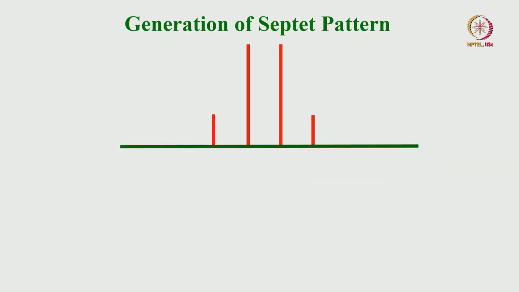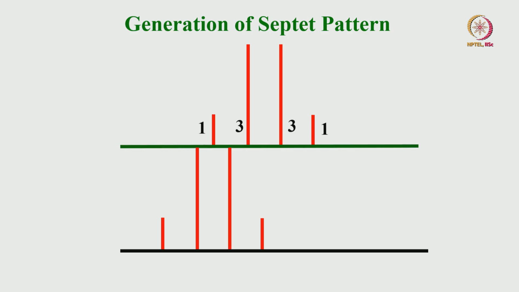And now we will see how you generate the septet pattern. We know one proton coupled to a CH3 group is going to be a quartet, intensity ratio 1331. Now it is coupled to another CH3. Each line of the quartet becomes another quartet like this.